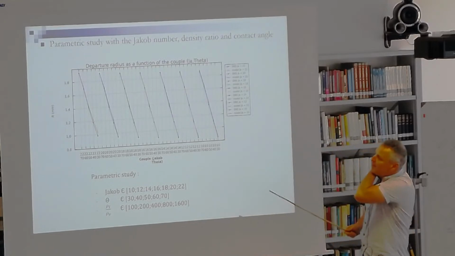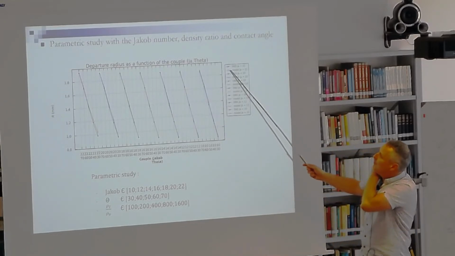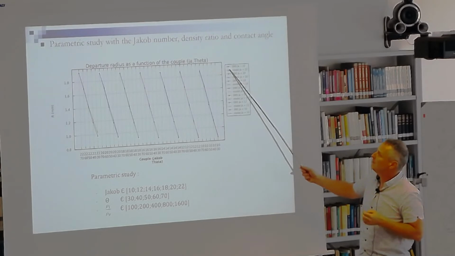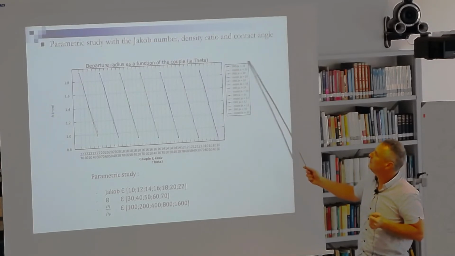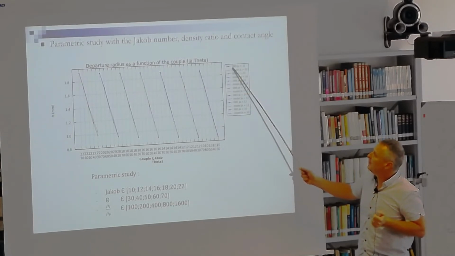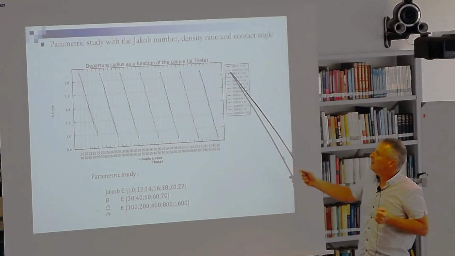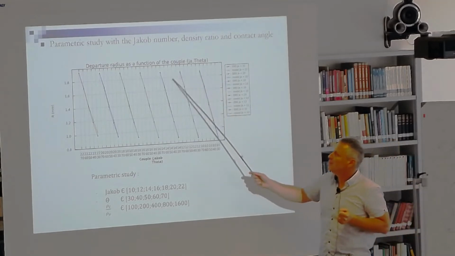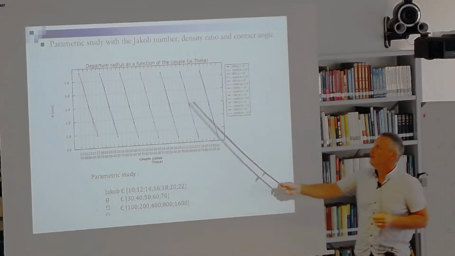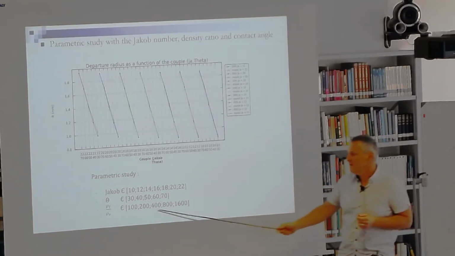And here we have some curves of the simulation, the prediction of the simulation with the points on the circle, and with the cross, the prediction of the model, which gives a good agreement for all these parameters.